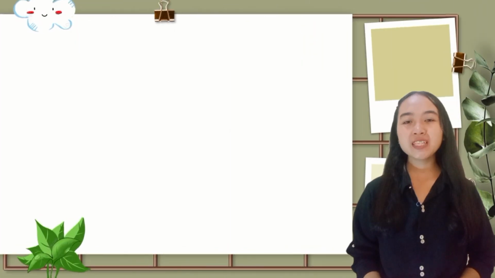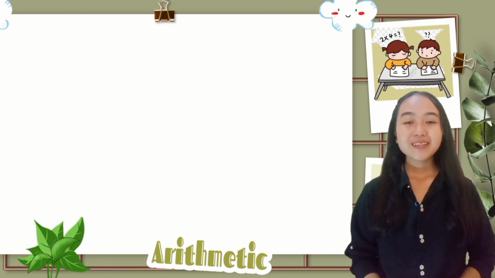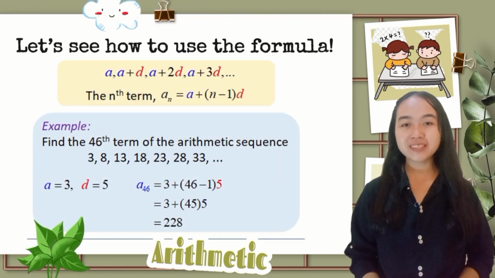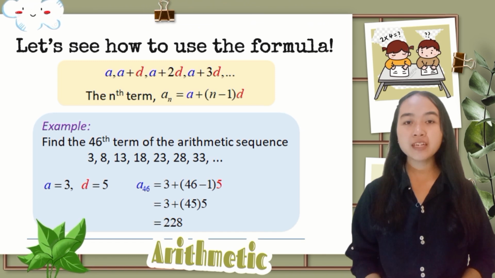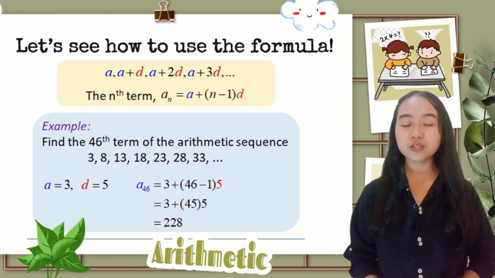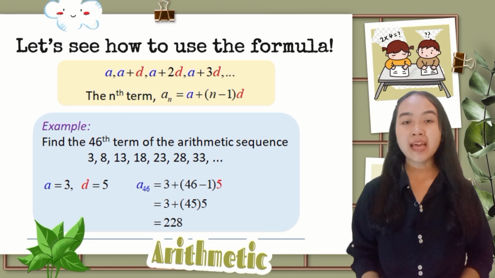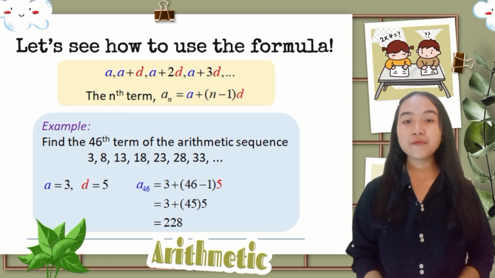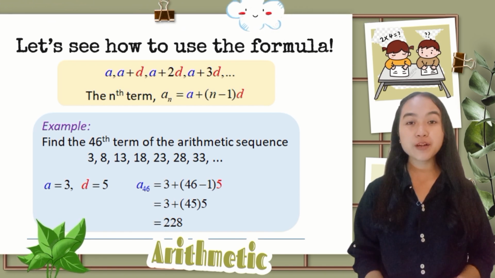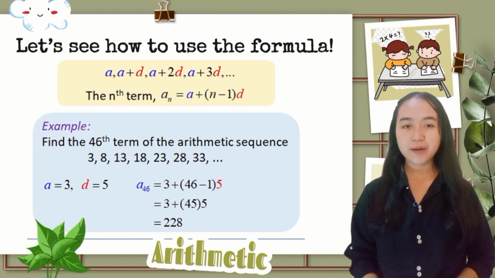Okay, now we will try to use the formula of an arithmetic sequence. So let's put our formula to the test and try an example with the same numbers. If we had a sequence like this, we would first realize that our first term is 3, which is the a_1 in this formula. Then we would realize that the difference between each term is 5, making it our common difference, which is represented as d in this formula.